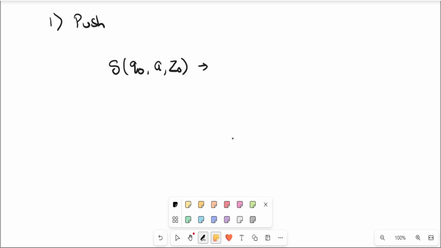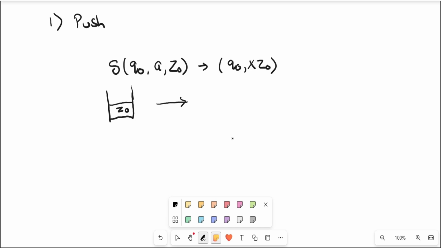We write that we move to the state q0 and push x. How is this performed? Suppose the initial top is z0, so the stack looks like this.